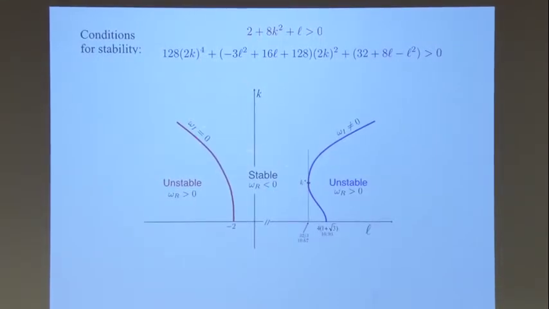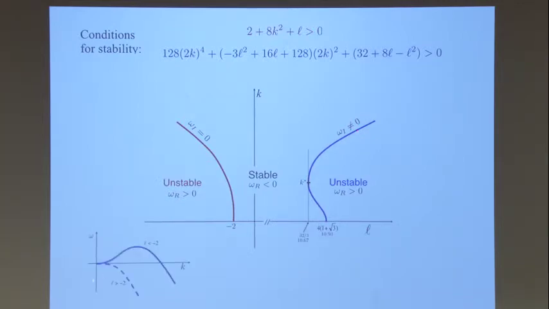In this region, which is a region surrounding little L0, which means unity Lewis number, the flame is stable. There is an instability here and an instability here. In both cases, the real part grows. The difference between these two is that along this curve, the imaginary part is 0. Along this curve, the imaginary part is not 0.